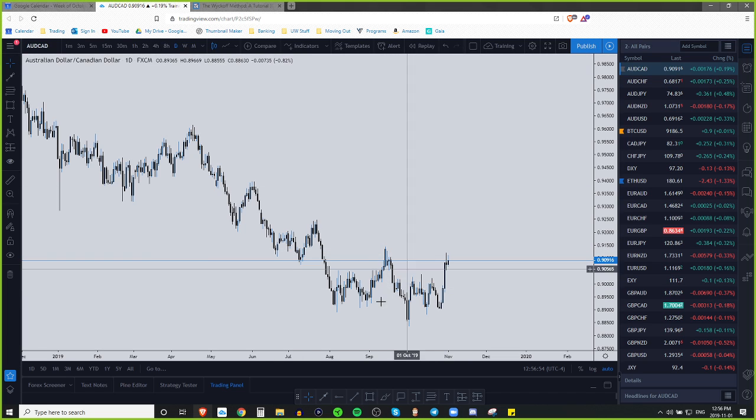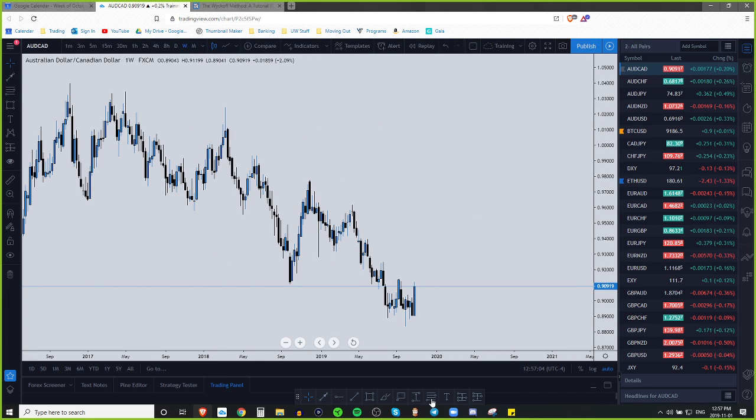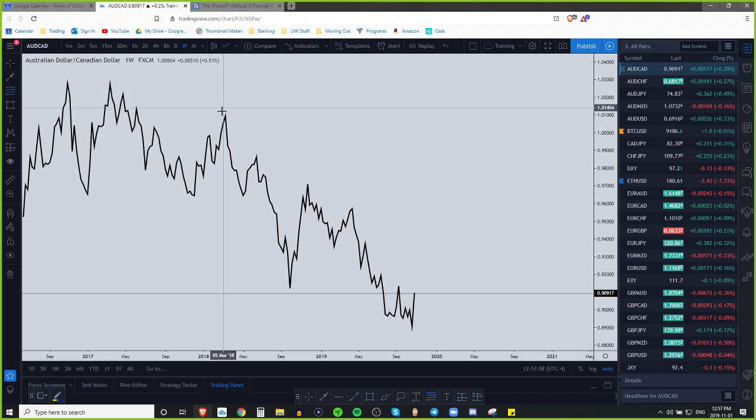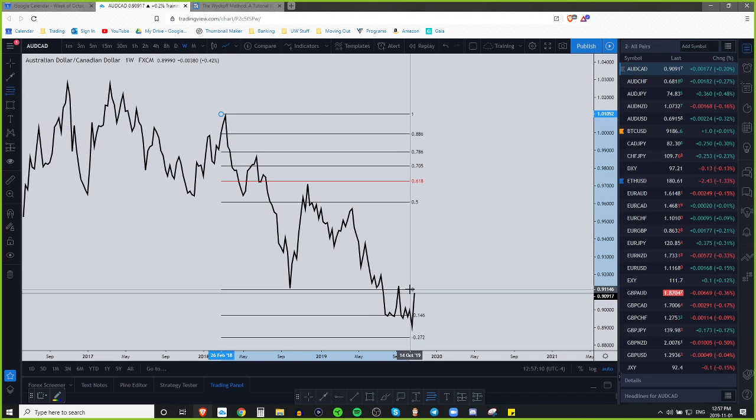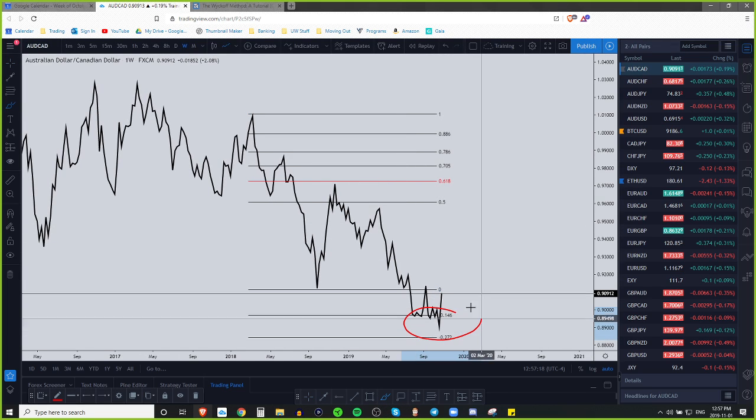It's kind of like, this could be one of a few things. This looks like accumulation, where we've got that spring, that test, and now we're waiting to jump the creek above this high. Because on the weekly, this has been pretty well just a downward slope. If we measure it from this high to the low, we can see that we came pretty well to that 61.8, and we're in that area where we like to see a bounce from on the weekly.